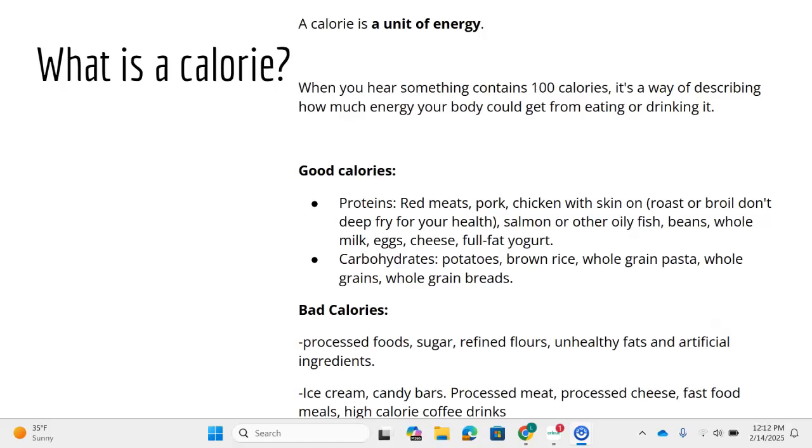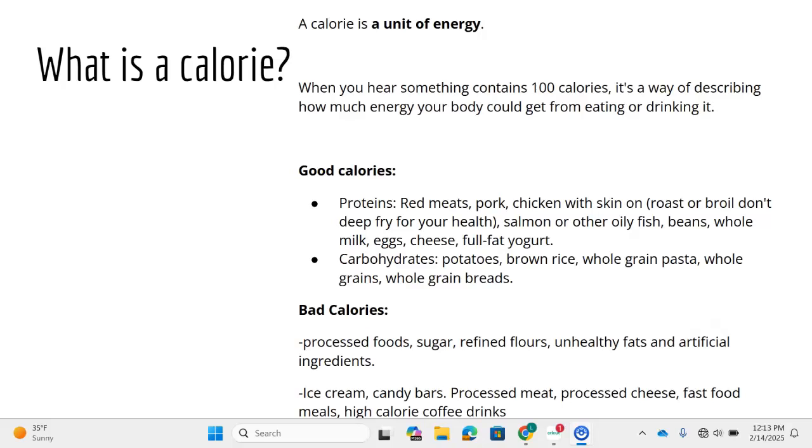There are good calories in carbohydrates as well: potatoes, brown rice, whole grain pasta, whole grains, and whole grain breads. Now, as long as you're taking in a good amount of these things, you shouldn't overindulge.